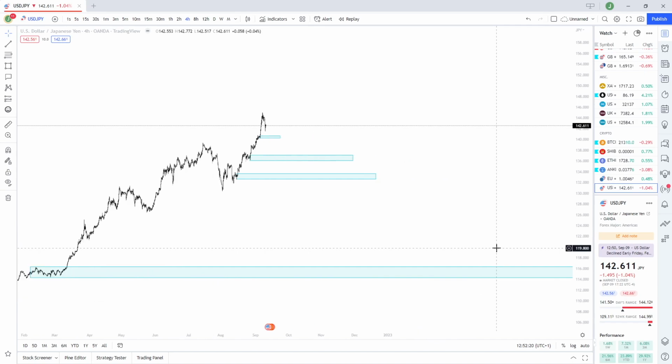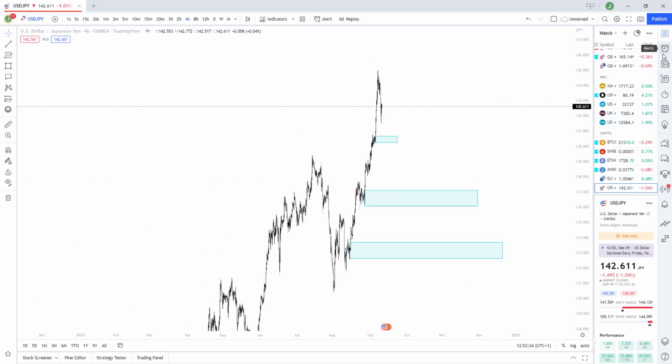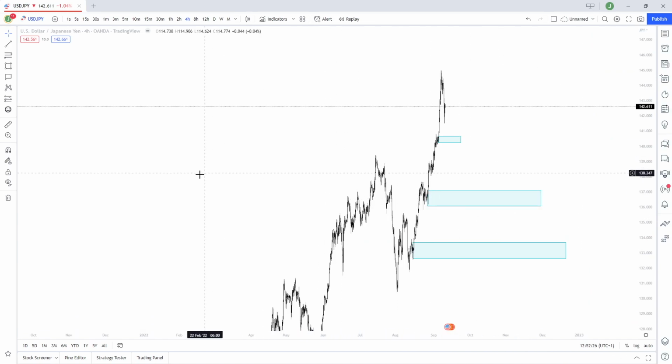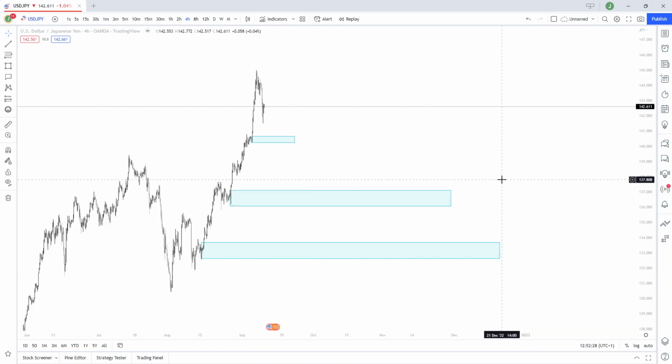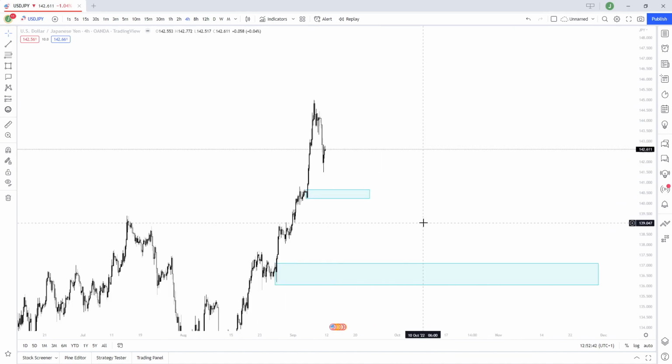I have those zones identified there so I understand what price may do, but my bias for this longer term is that we are going to stay bullish for a long time to come, and therefore if we can get involved in those buy positions and hold those for a long time with the hope and expectation that we can keep those running for weeks if not months and have price continue with the same momentum it has.